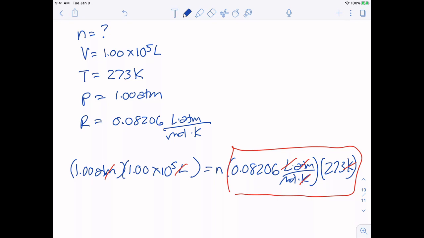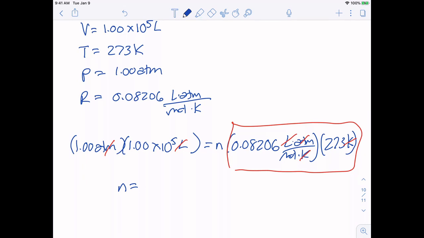I get a big number, but that makes sense because I have a very large container. 1 times 10 to the 5th liters is a big container, so it's going to hold a lot of gas.